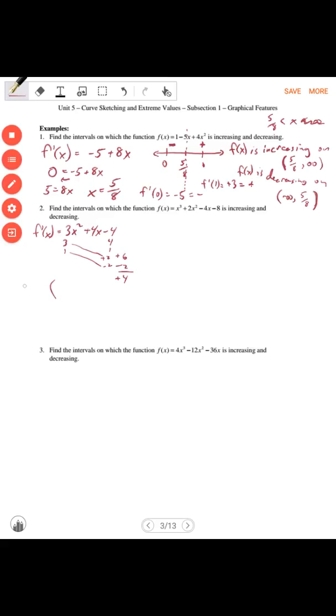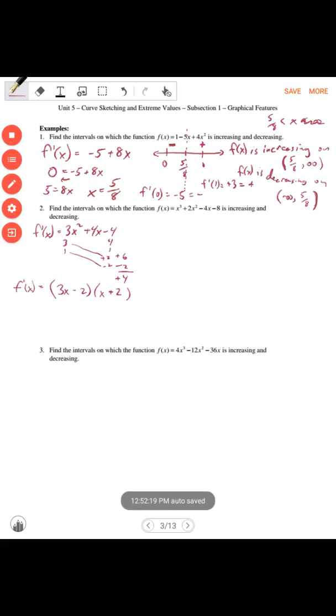Then f prime of x equals, we have a 3x and a 1x. The 3x multiplies a positive 2. The 1x multiplies a negative 2. Again, you'll get that regardless of which method you use for factoring.